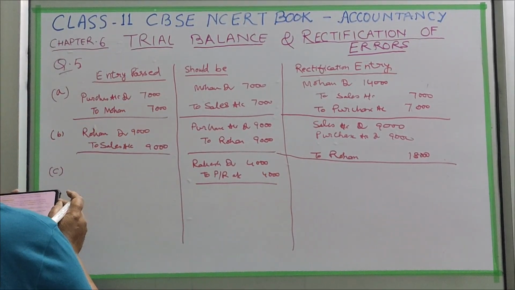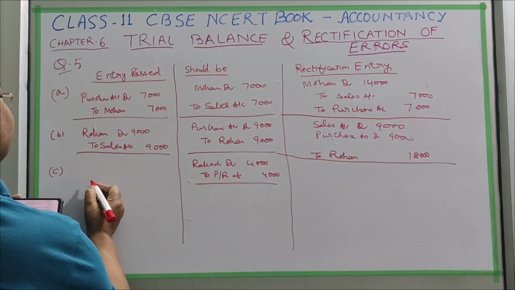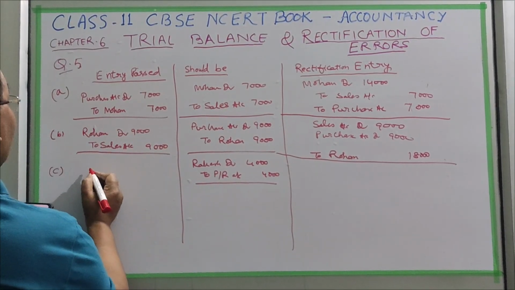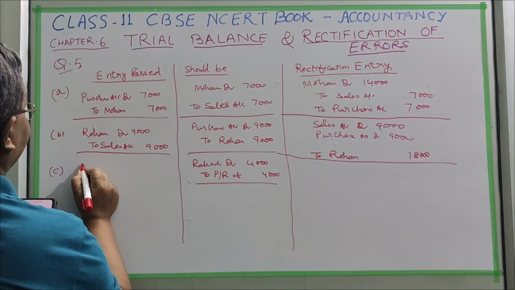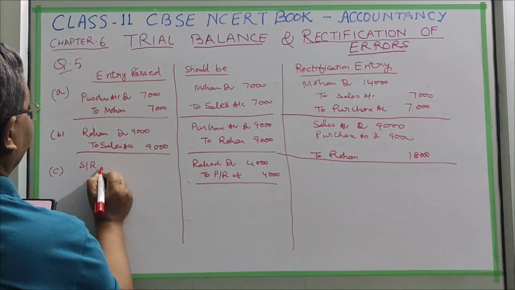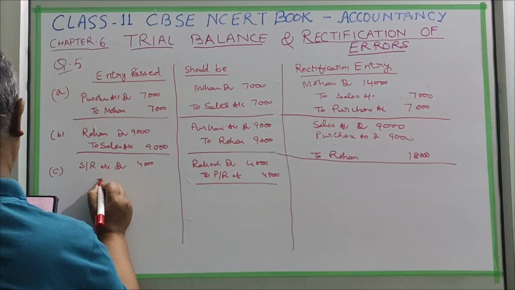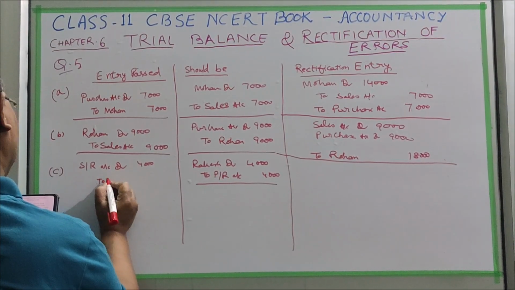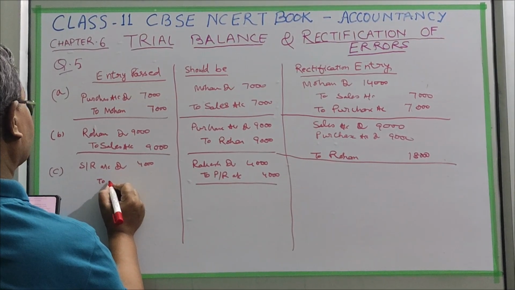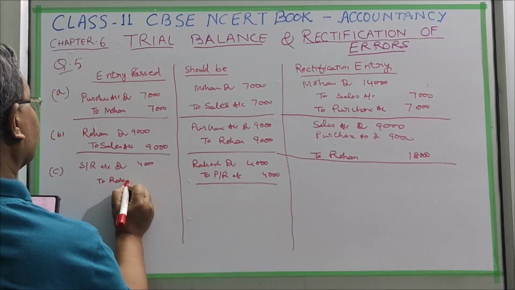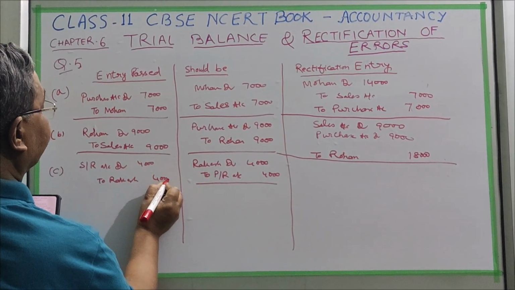You have recorded it in sales return. Sales return is a debit account, so you have made an entry in sales return account debit 4,000, and automatically it will post to Rakesh.